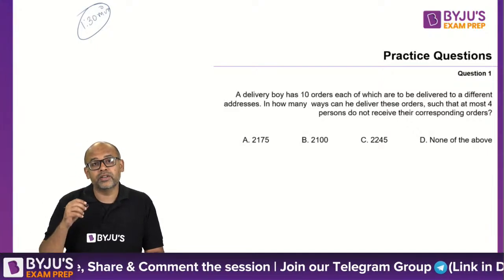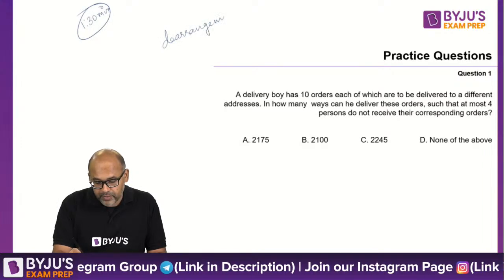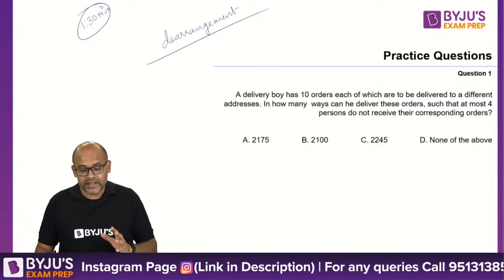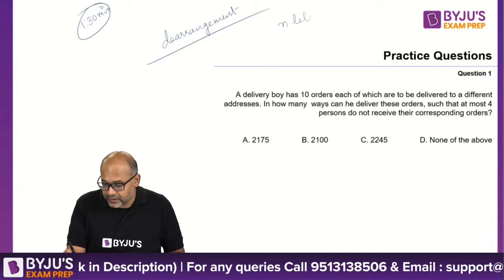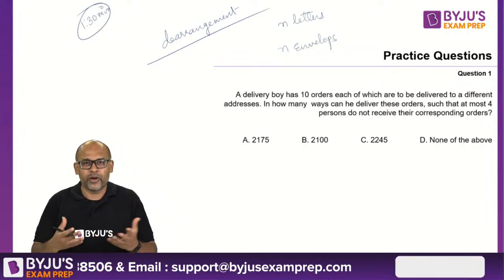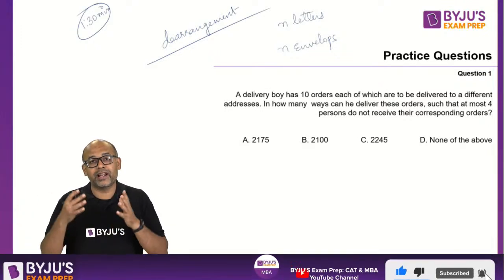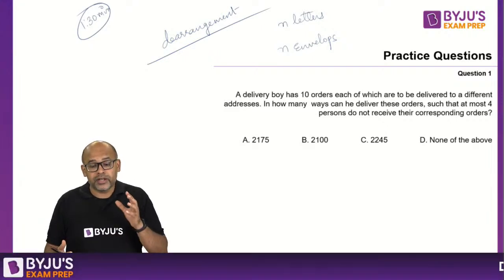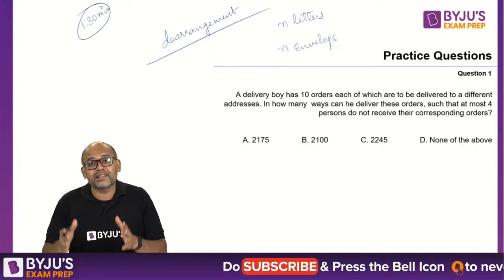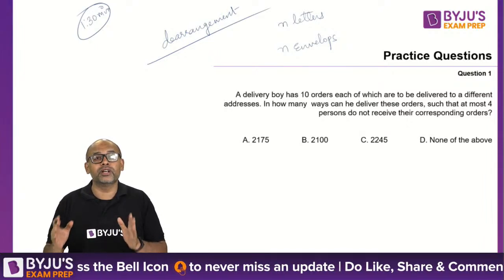The concept used here is called derangement, D-E-R-A-N-G-E-M-E-N-T. So what is the derangement concept? It basically says if there are n letters addressed to certain people and n addressed envelopes, the derangement concept gives the number of ways in which you can arrange the letters in the envelopes such that no letter goes to the correct envelope.